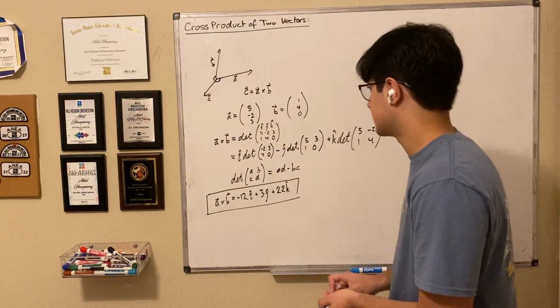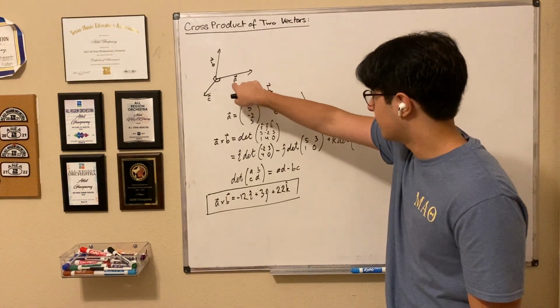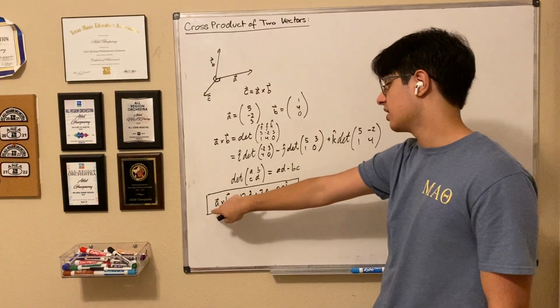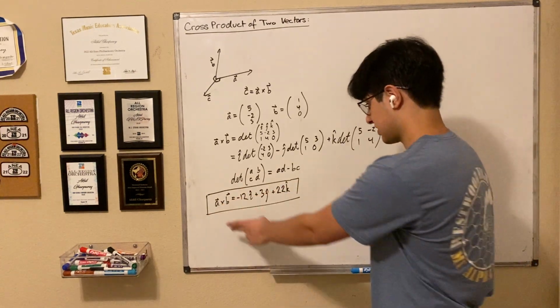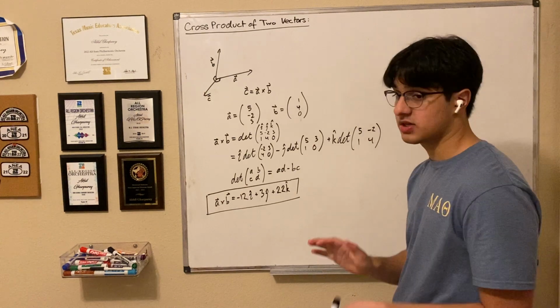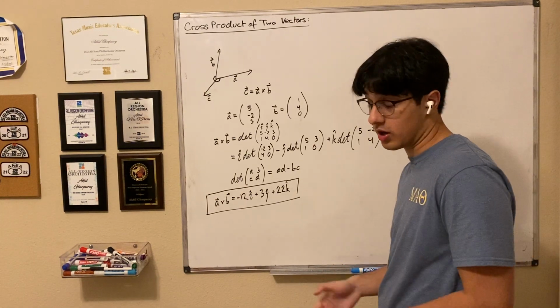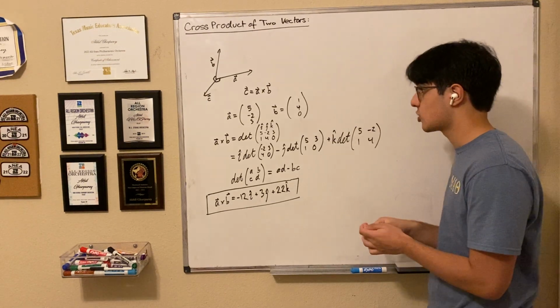So again, just to repeat that, because I think that was a bit unclear. When we do the dot product of either vector A or vector B with this cross product vector that we get, we should get 0. Because a dot product of 0 means that the two vectors are perpendicular to each other, or orthogonal to each other. So let's go ahead and try that.